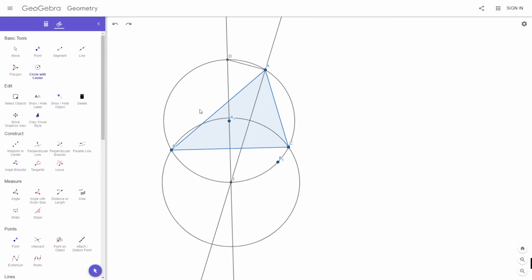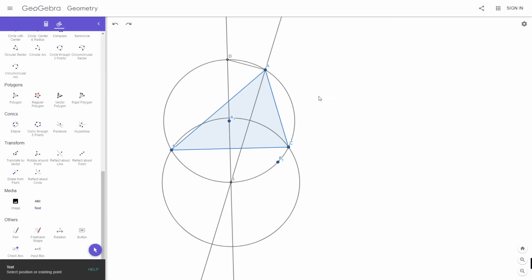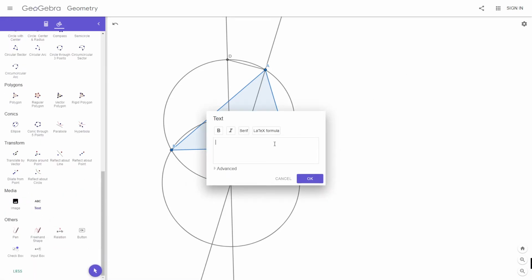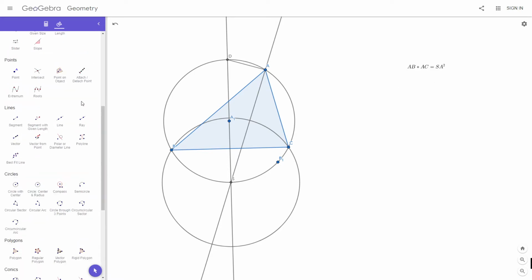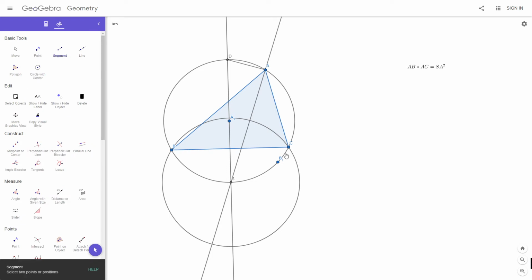And I think the lemma, I believe you can claim this, but I'm not certain, so don't quote me, is that AB times AC is equal to SA squared. I believe this is the theorem, but let's check. The proof should just be similar triangles and such.